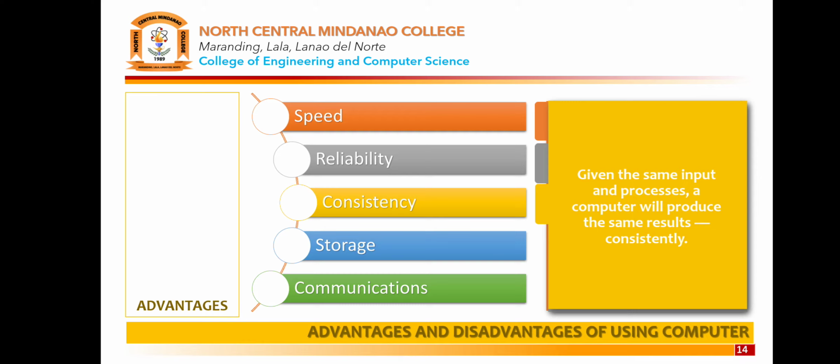This talks about the accuracy of the computer output. The accuracy will always depend on the input fed to the computer. So whatever the input, consistently the computer will produce the same output.